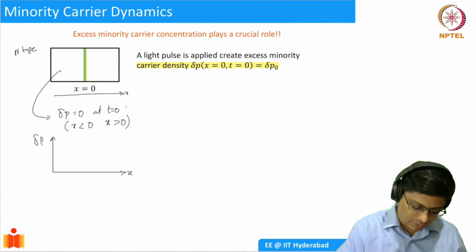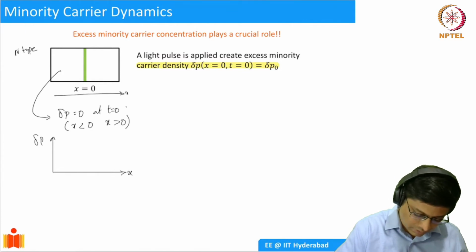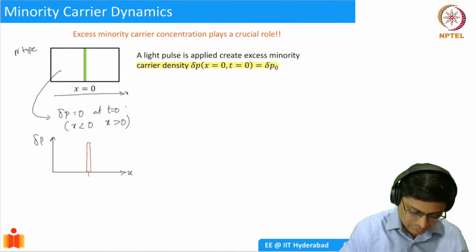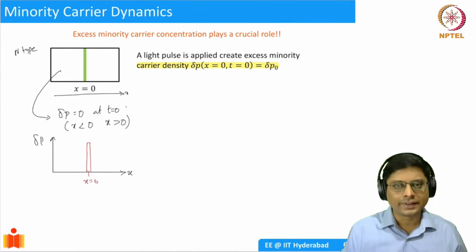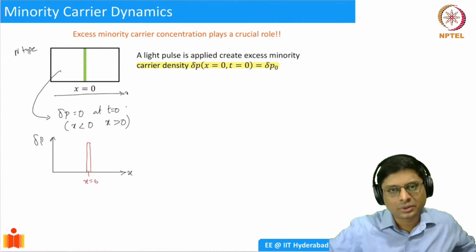Initially at time t equal to 0, I have my minority carrier density, n-type semiconductor, so delta P at x equal to 0. Let's say this is the number of holes that I introduced. Now, as time changes, what's going to happen? These things are going to diffuse, right?